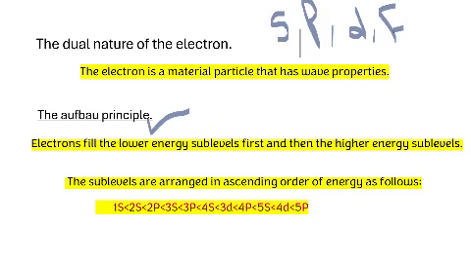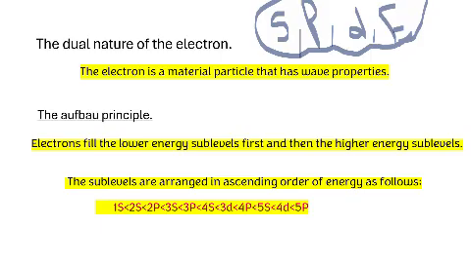For the electrons to fill these sublevels, according to the Aufbau principle, which is called the building up principle, it states that the electrons fill the lower energy levels before filling the higher energy levels. So we call it building up, I mean from the lowest energy to the highest energy. This is the Aufbau principle.